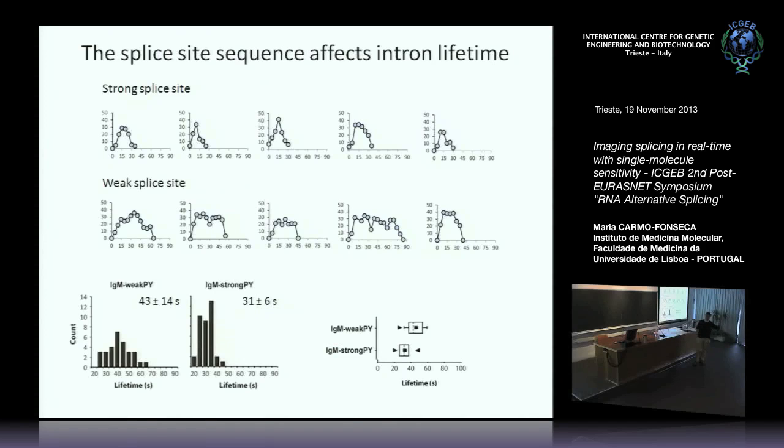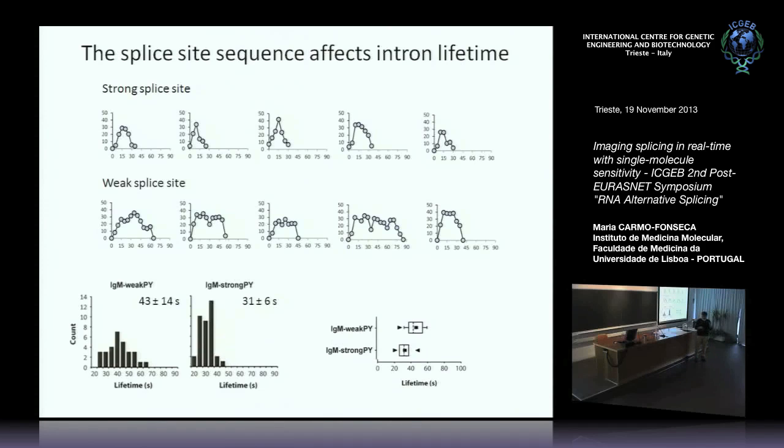The weak splice site, after it is synthesized, takes a bit longer at the transcription site before the intron disappears. And this is the statistical analysis, and on average there is about a 10-second difference between the two.